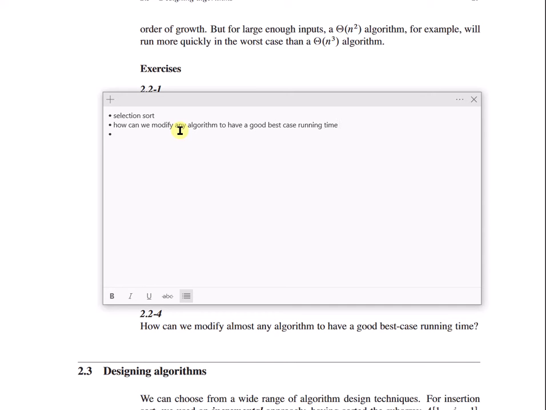And the third thing is linear search algorithm, running time analysis.